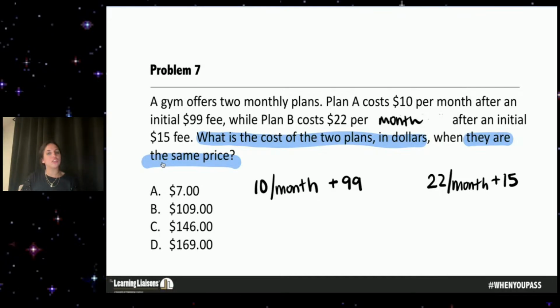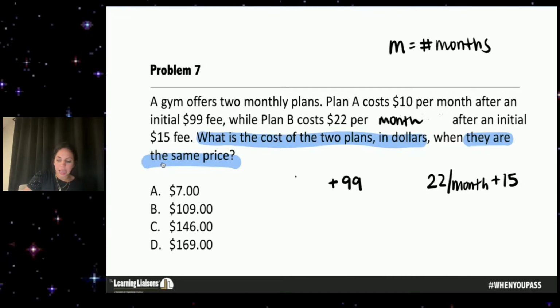You only pay it once, so we're not multiplying it by anything. Let's call M the number of months we are a part of this plan. So I can do 10 times M plus 99, and 22 times M plus 15 equals my cost. And I want to know when they're the same.